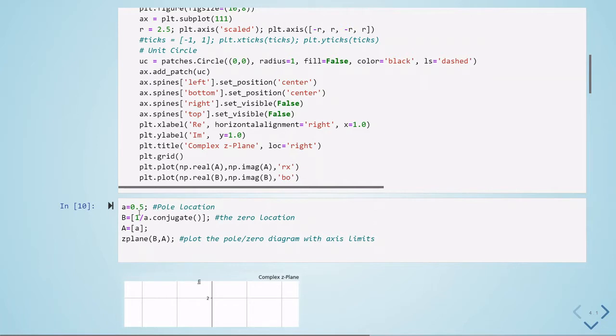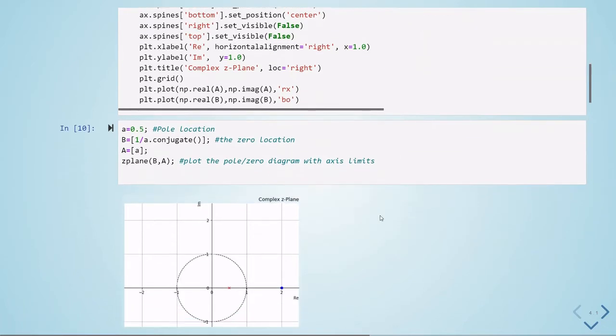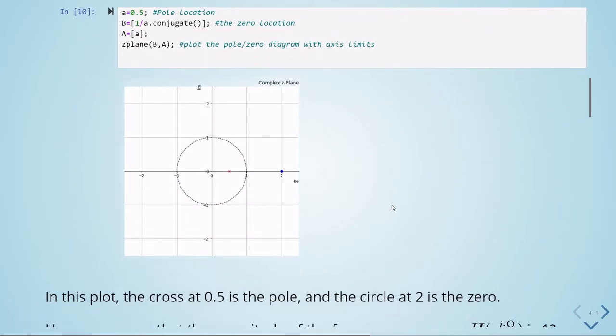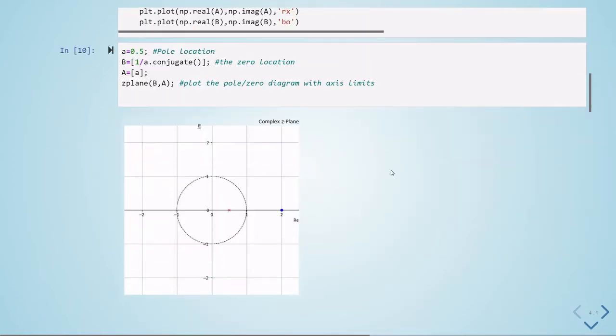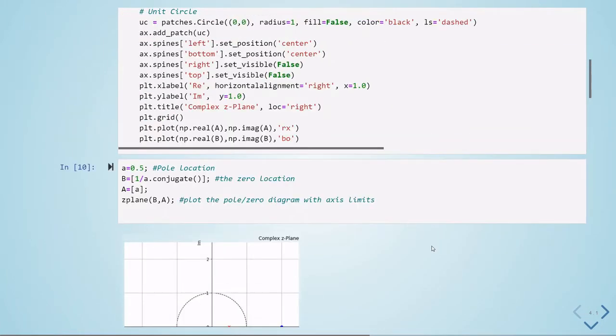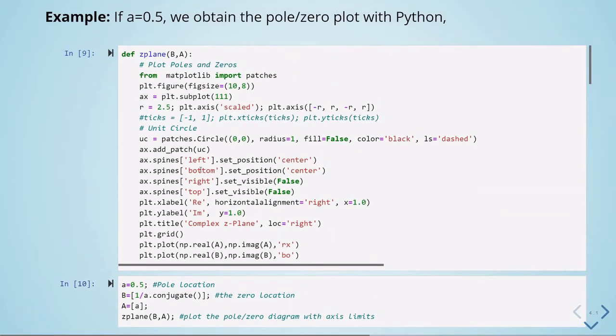A is equal to 0.5, and then when we plot, we see here a pole at 0.5 and a zero at 2. So we have a pole at 0.5 and a zero at 1 divided by 0.5. That's 2, and this is what we have here. So this is a function.